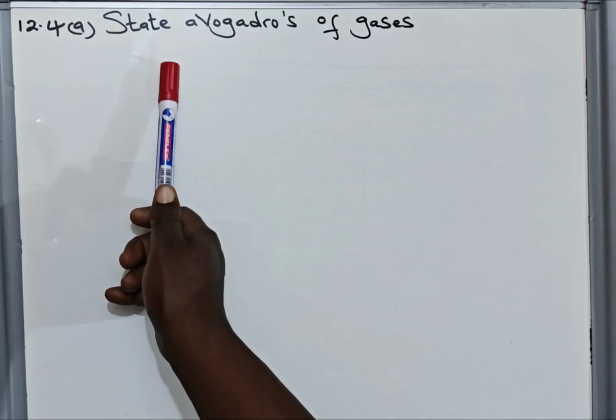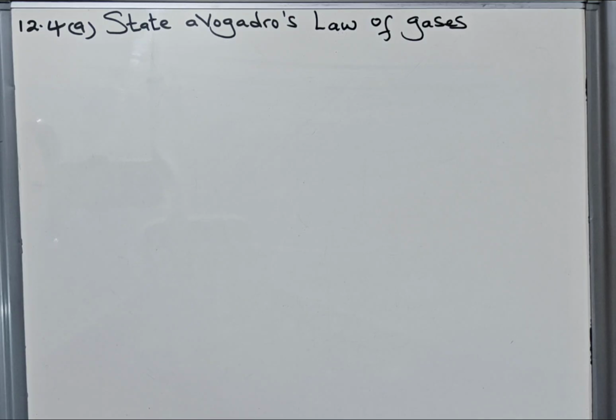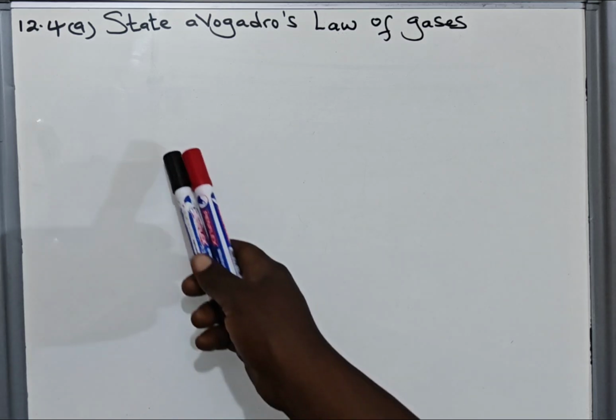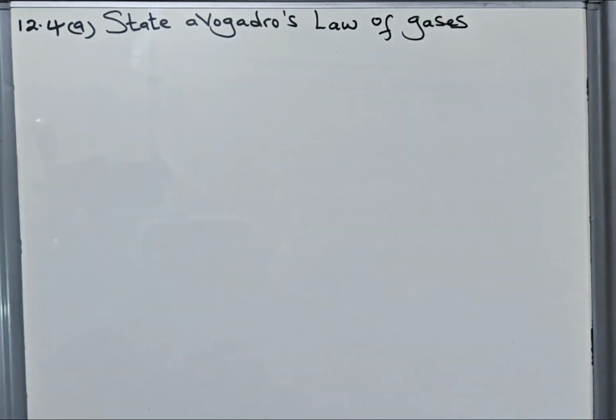It says state Avogadro's law of gases. Okay, so how do we state this? This states that equal volumes of all gases at the same conditions of temperature and pressure contain the same number of moles, or contain the same number of molecules.